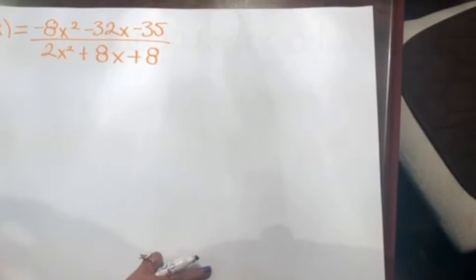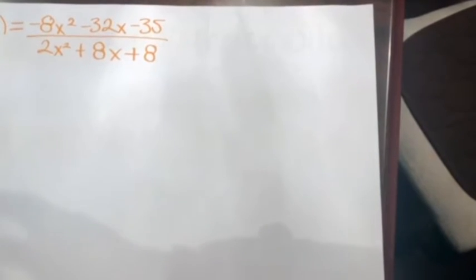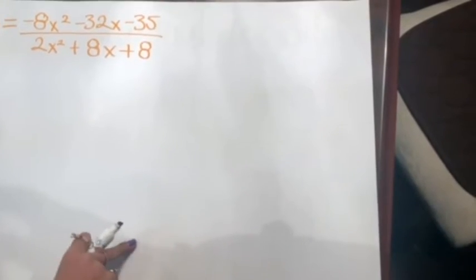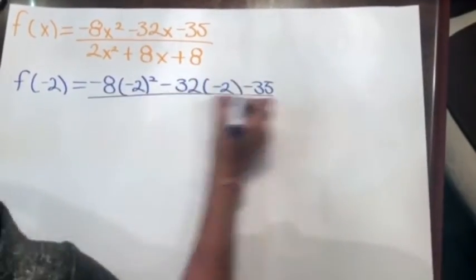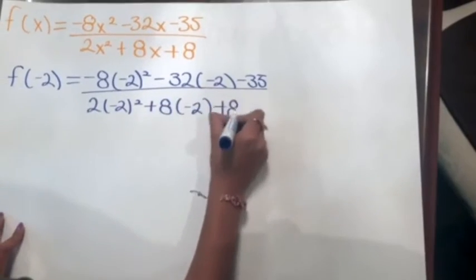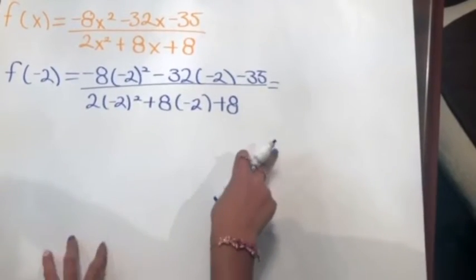Previously, we got the root of the denominator, and with that value, which was minus 2, we're going to substitute it in x. And we're going to solve this.